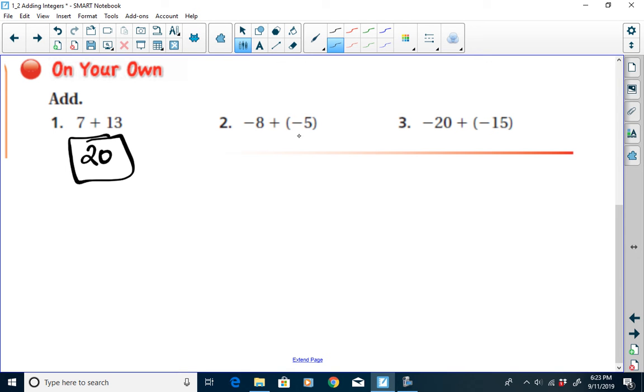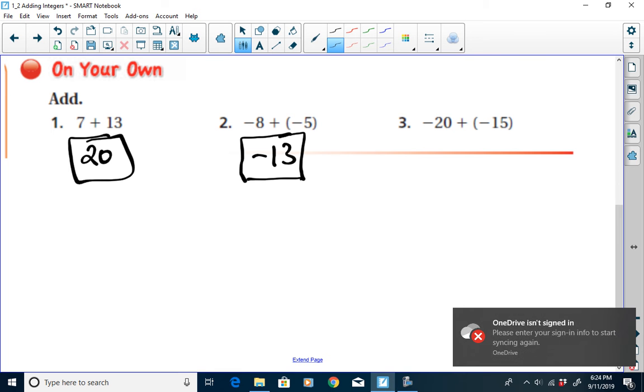If I'm adding two negative integers, once again the signs are the same. Negative is the sign for the 8, negative is the sign for the 5. We add their absolute values. So 8 plus 5 is 13, but we keep the sign the same. So negative 13 would be the sum of negative 8 and negative 5.